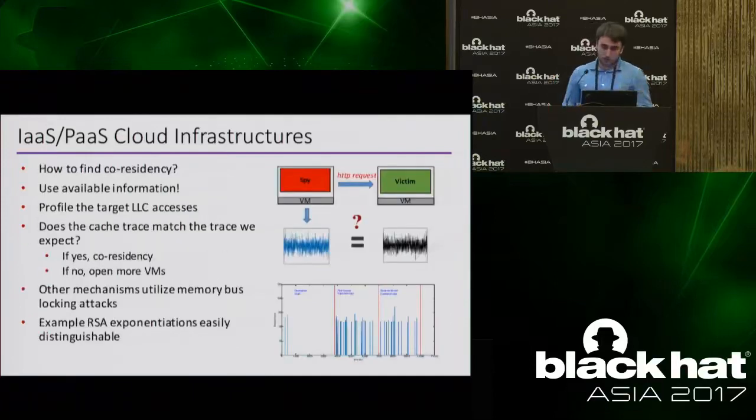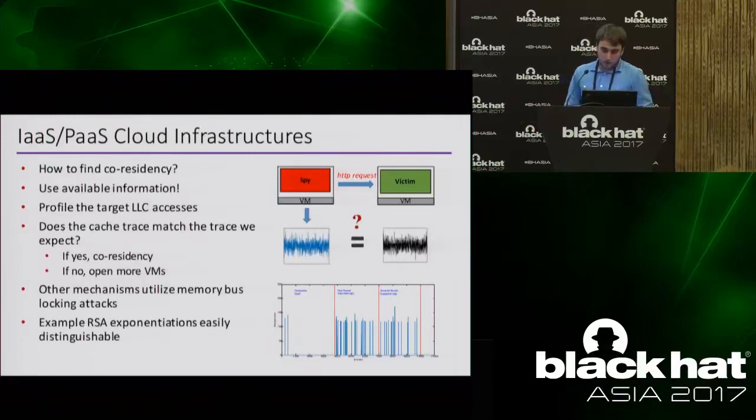So how do we find co-residency, or at least how did we do it for our RSA attack? The main thing we did was utilize the same information: we again utilized the last level cache. We had the RSA decryption server in one VM, and we started spinning up other VMs.